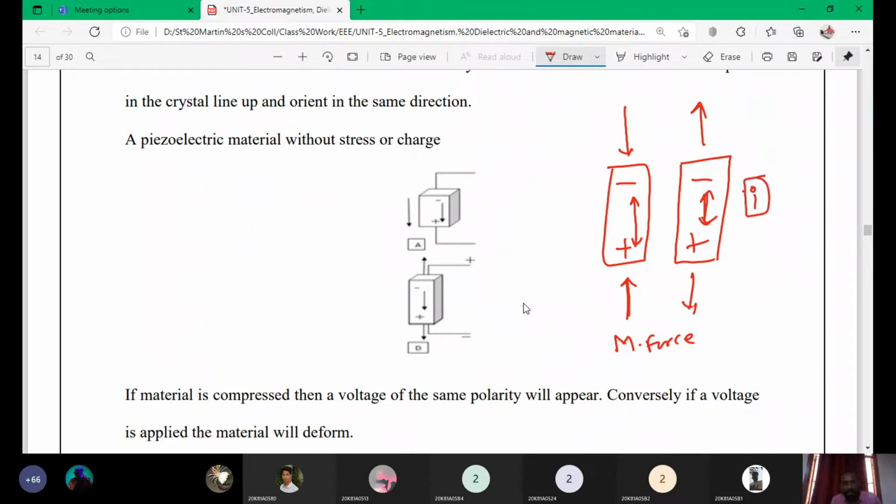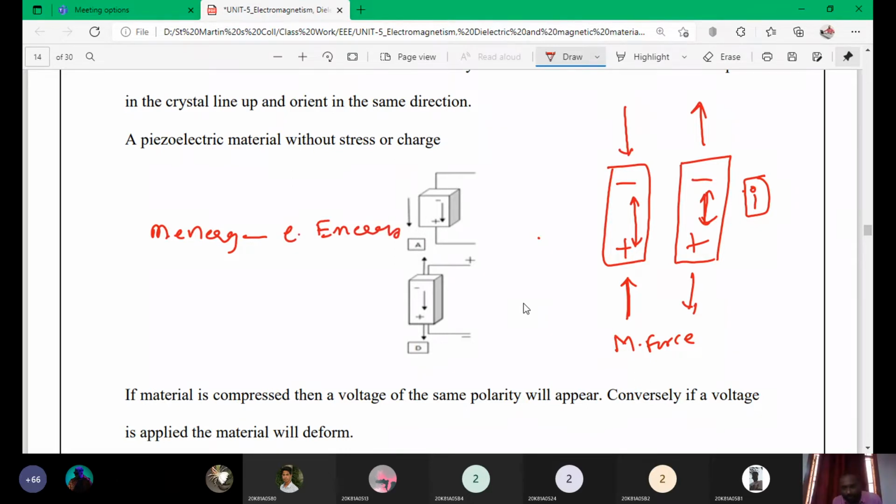That is why, when you apply mechanical stress, you see some electric field or some current. Is it clear how the dielectric material is converting mechanical energy into electrical energy?